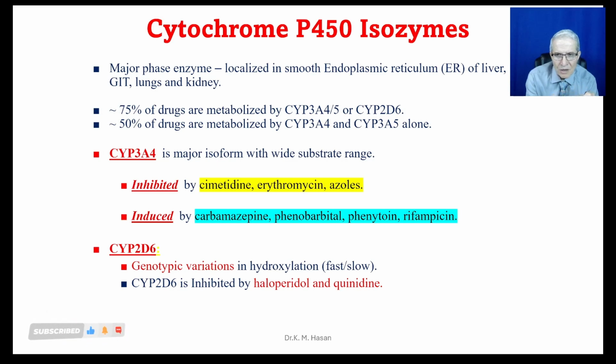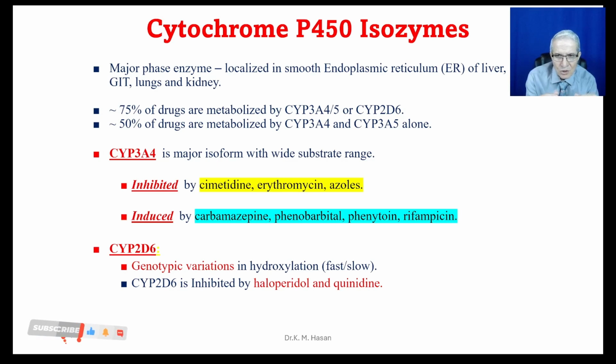So the majority of medications, three-quarters, are metabolized by 3A4, 3A5 or 2D6, and 50% of medications are metabolized by 3A4 and 3A5 alone.